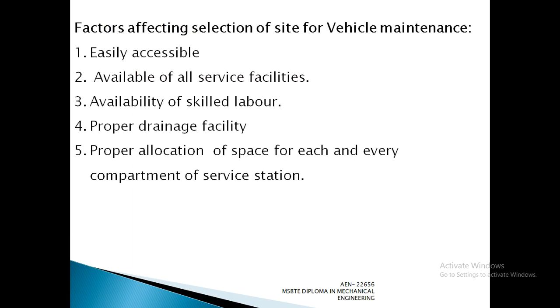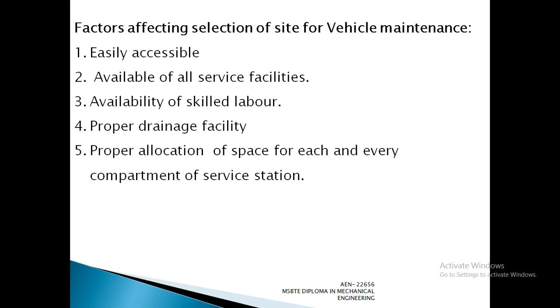Coming to the next point, we will be discussing here about vehicle maintenance. Whenever a vehicle maintenance is to be done, before selection of a site for vehicle maintenance, what are the different factors? That site should be easily accessible.